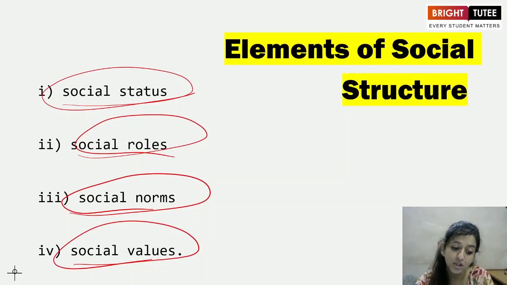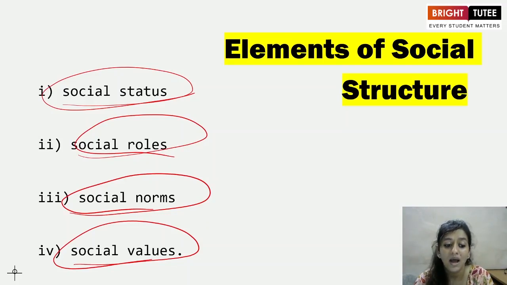You have social status, which is basically the kind of status that you hold in the society. You have social role involved in here. What role are you playing? You have social rules and norms rather, and then you have social values involved here as well.